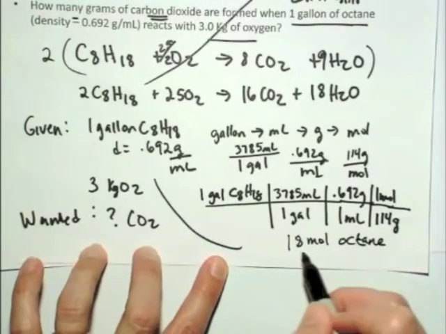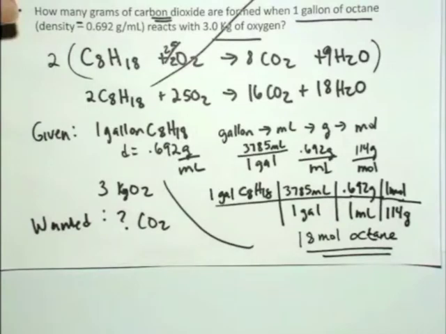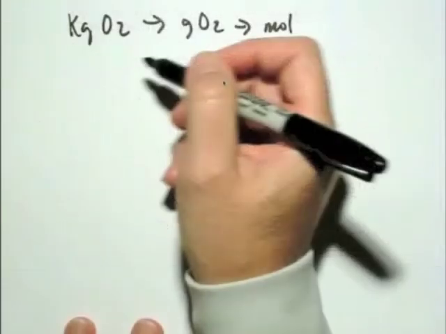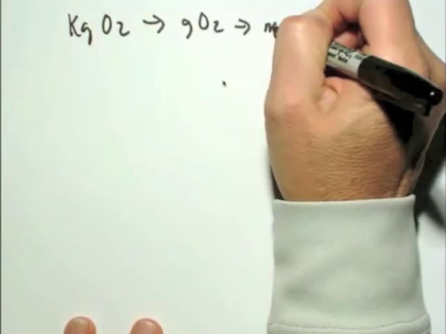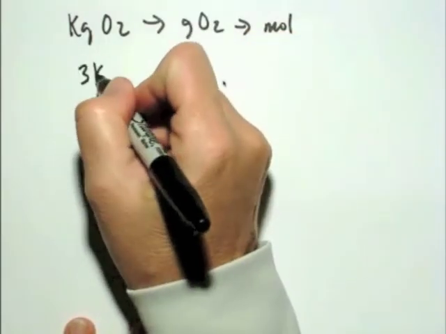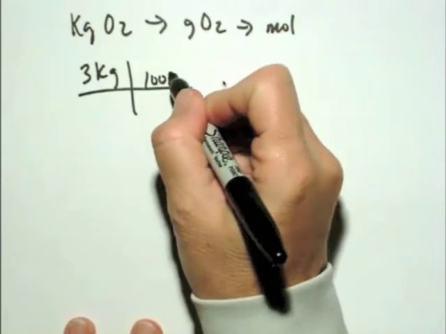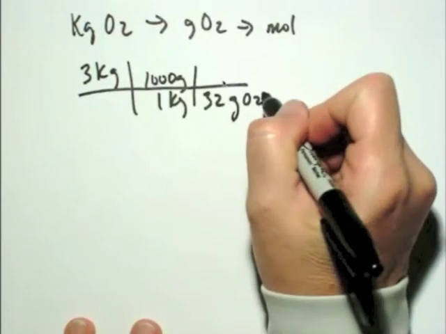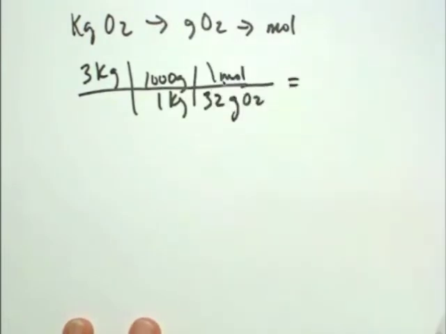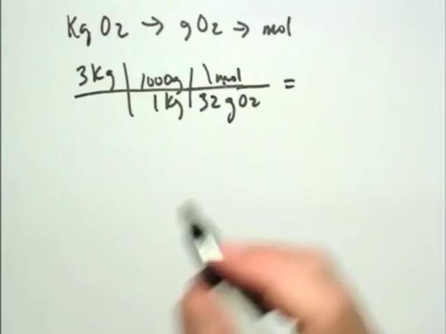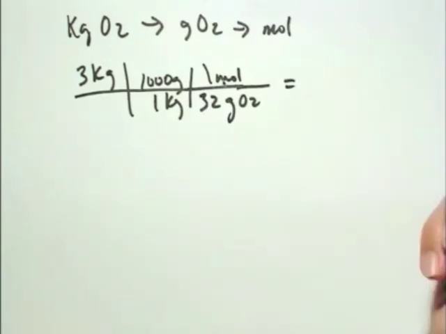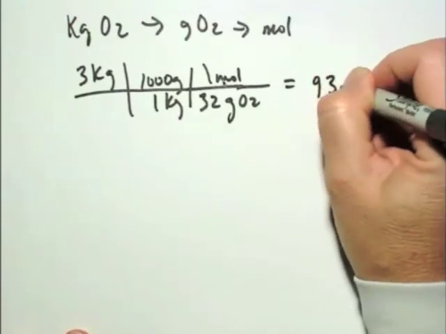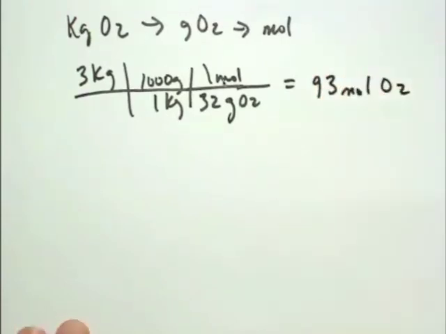Okay? All right. Now I need to calculate the number of moles of oxygen. If we're starting with kilograms of oxygen, we just need to get to grams of oxygen, and then we can get to moles of oxygen. So in this case, 3 kilograms, there's 1,000 grams in 1 kilogram, and then the molar mass is 32 grams per 1 mole. And the number of moles of oxygen here is, let's see, 93 moles of oxygen, given that mass of oxygen.